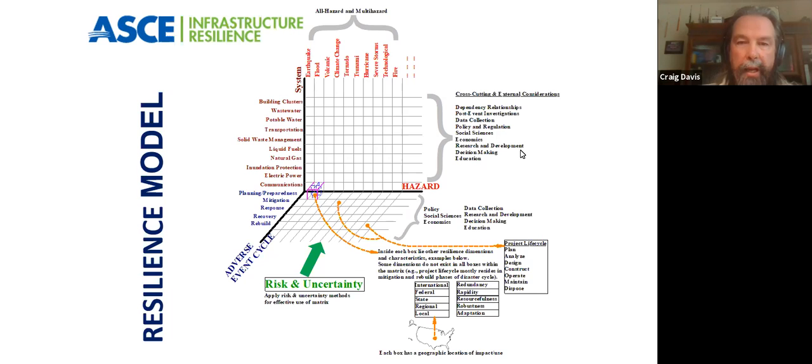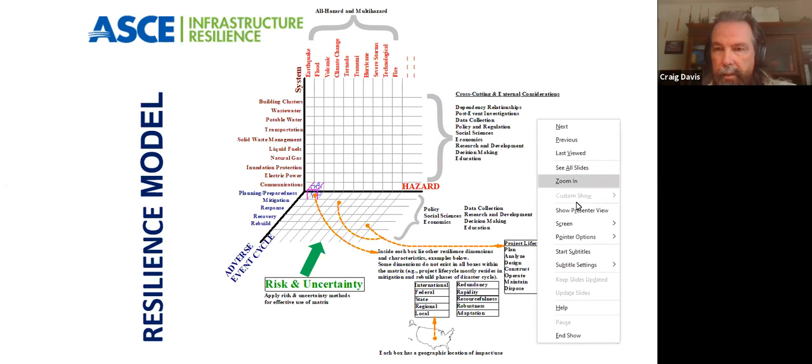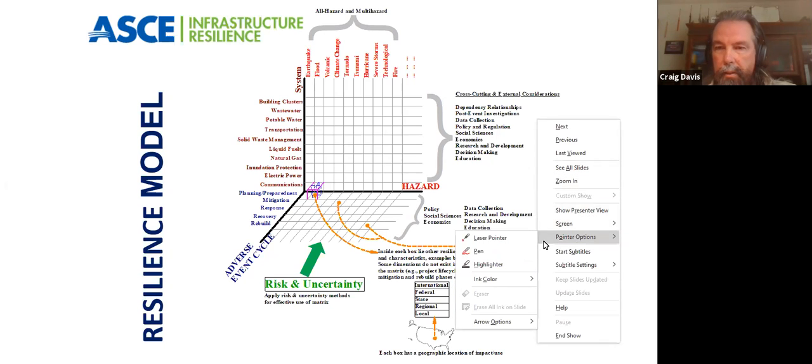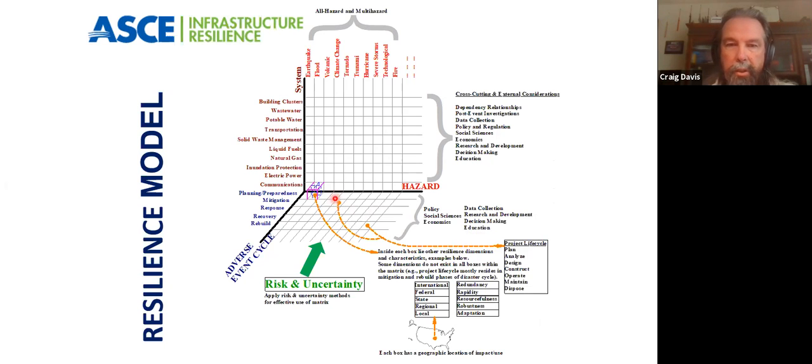So this cube shows flood, communication, and planning within this diagram. And then, of course, we have risk and uncertainty permeating throughout. So the cube I was referring to is here.